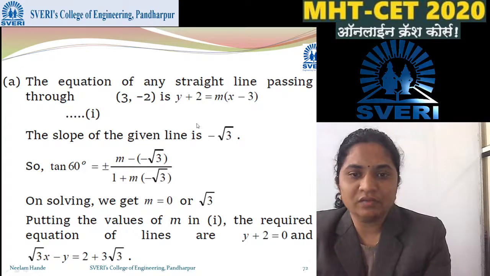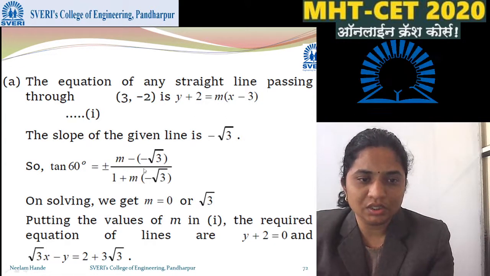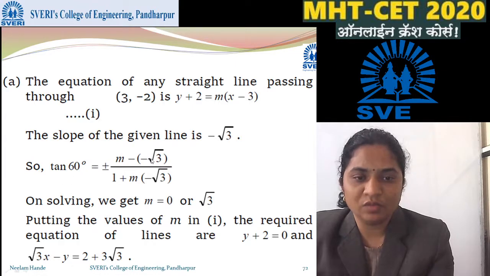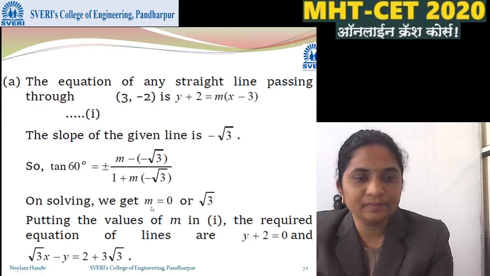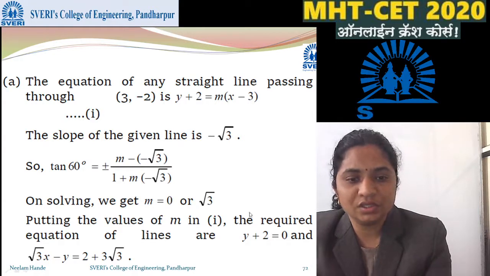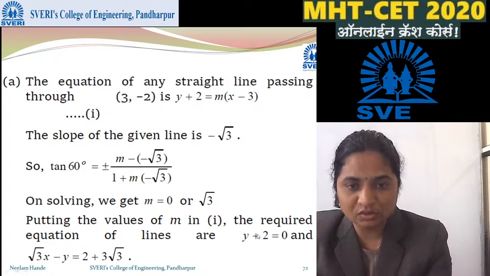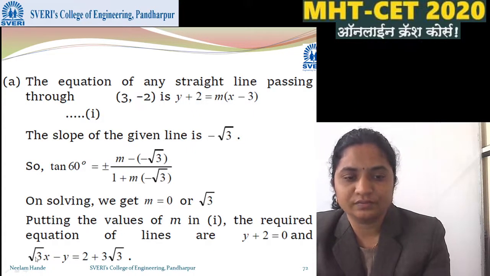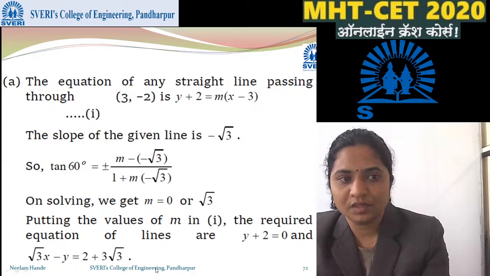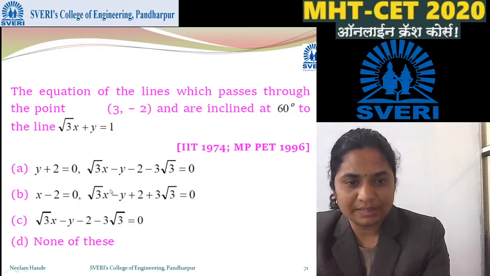Then the slope is given, minus root 3. And we know this condition: tan theta is m1 minus m2 upon 1 plus m1 m2, plus minus sign. Solving this, we get m is 0 and m is root 3. Substituting m is 0, we get this equation, so y plus 2 is 0. And secondly, putting root 3, we get this equation. The correct option here is A.